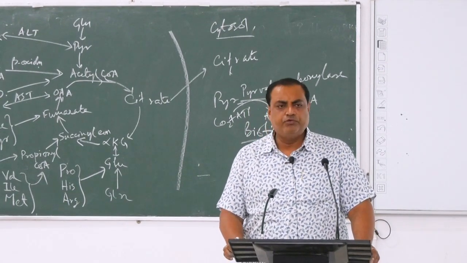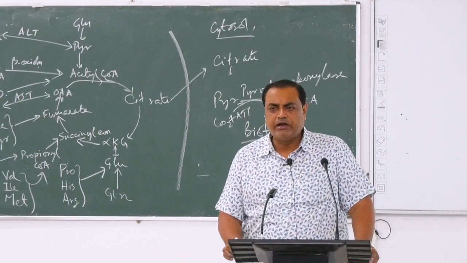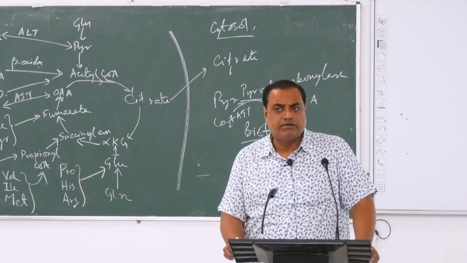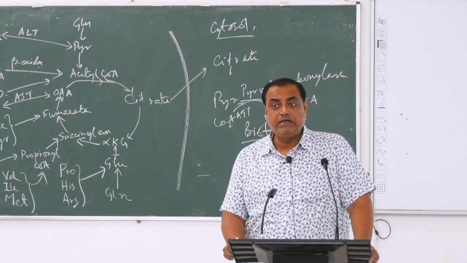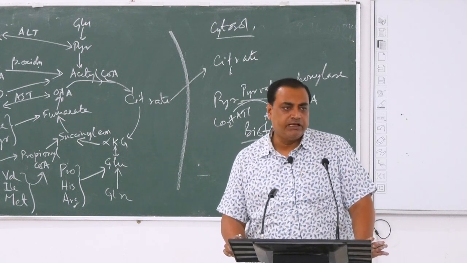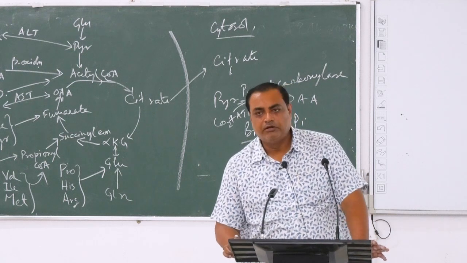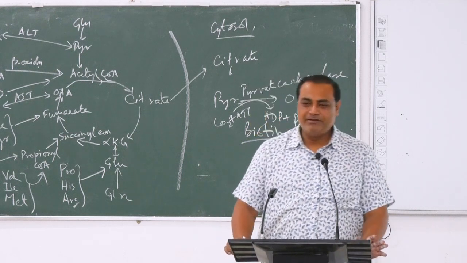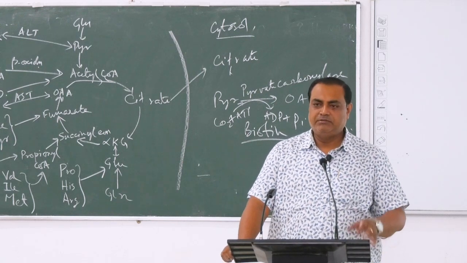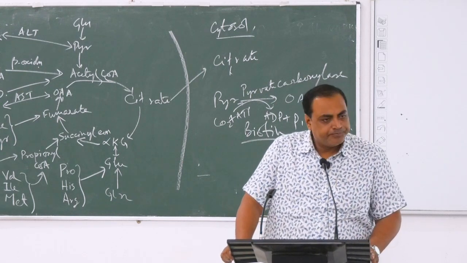Now if you go through your books at your level, you will find in many books they have given one more reaction. This is isocitrate dehydrogenase. Now don't write. First you listen, then you decide whether you want to write it or not. I will not give my opinion first. First let me see your opinion.